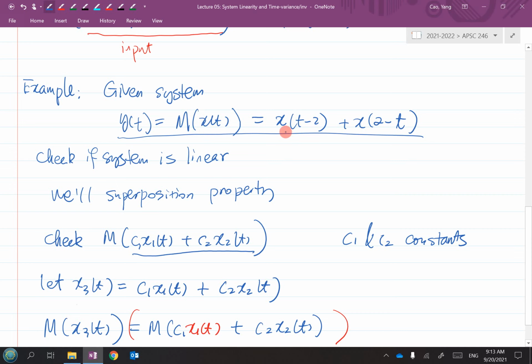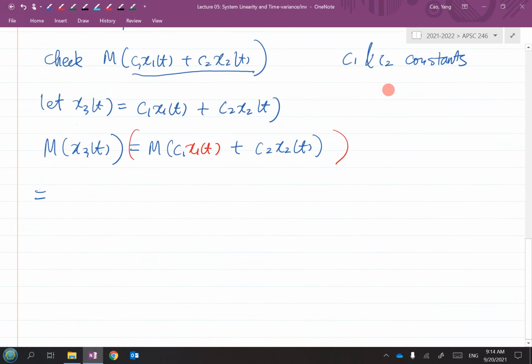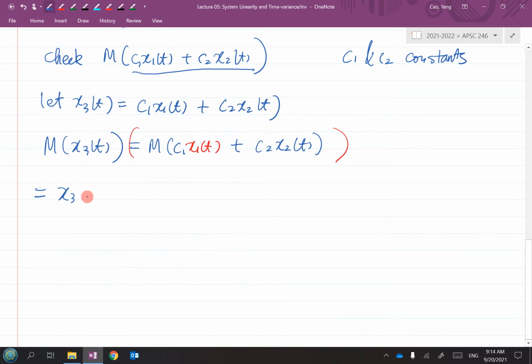What do you replace? Exactly, you're replacing all the x that are here with x3. So that's pretty straightforward: x3 of t minus 2, plus x3 of 2 minus t. This is straight from the original system. You're not making any change at all.